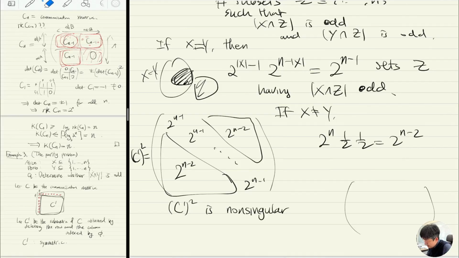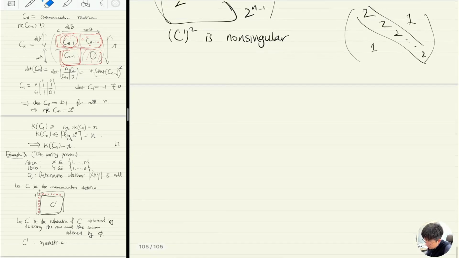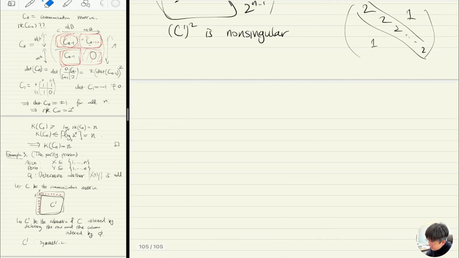Because if you divide each row by 2 to the n minus 2, then what you get is this matrix. All diagonal entries are 2, off-diagonal entries are 1. And why is this matrix non-singular?